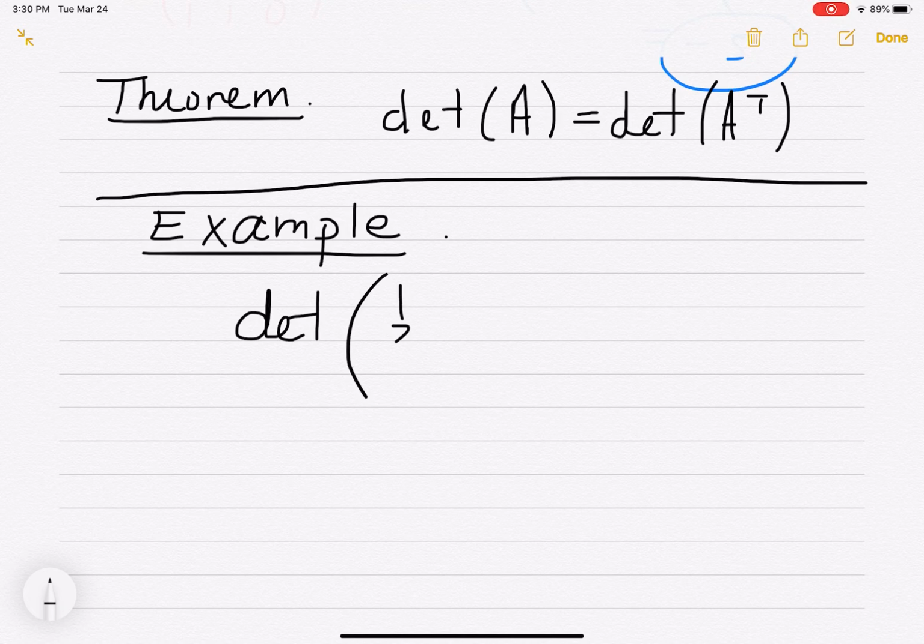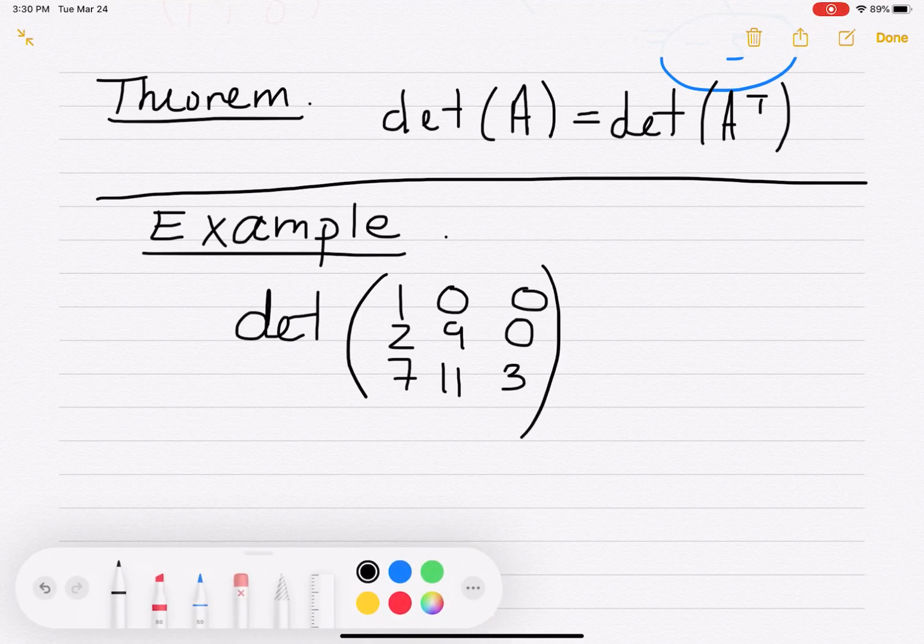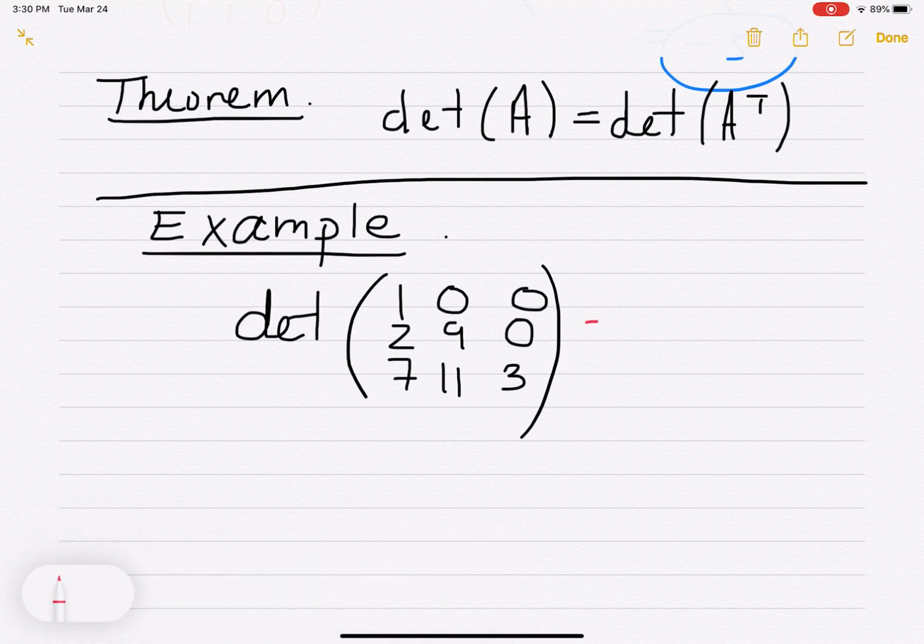1, 2, 7, 0, 9, 11, 0, 0, 3. So I have a triangular matrix. Now, if I want to find the determinant of that, we know that matrices have the same determinant as their transpose.